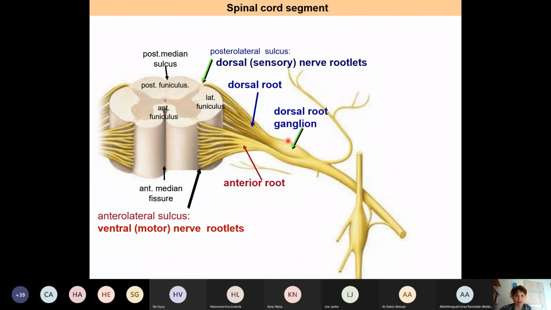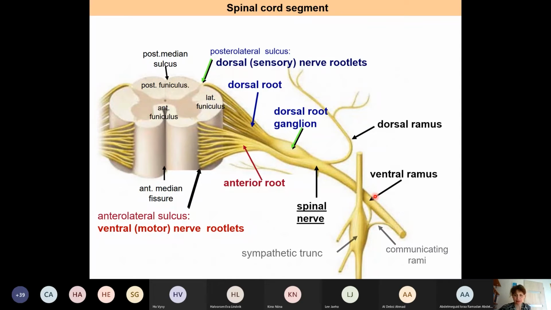And then here you will find a thickening, that will be the dorsal root ganglion, and then where the two roots unite, we'll speak about the spinal nerve. And the spinal nerves always divide into a dorsal and a ventral ramus. You have already learned it. And in this picture, you can also see the sympathetic trunk, which is also connected with the spinal nerves.